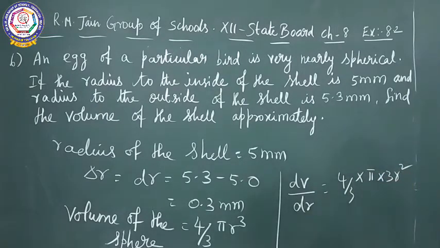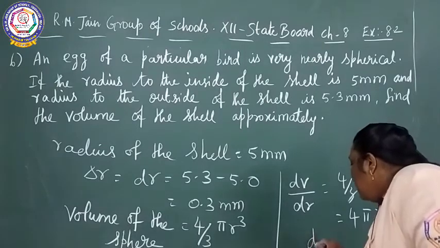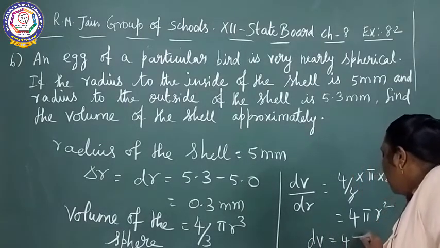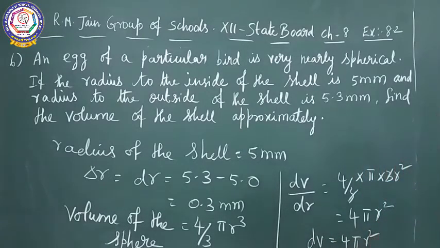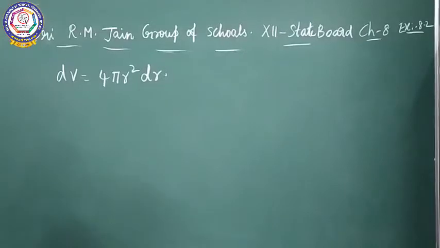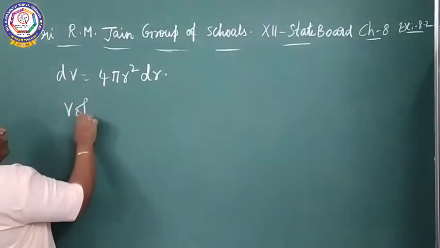The 3s cancel, so it gives 4 pi r square. dV equal to 4 pi r square into dr.